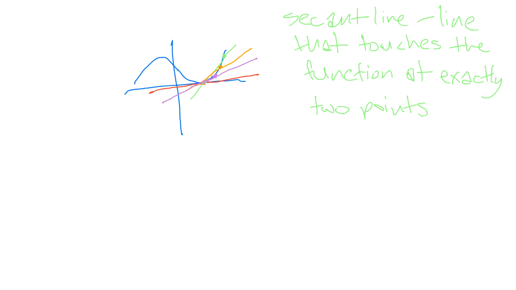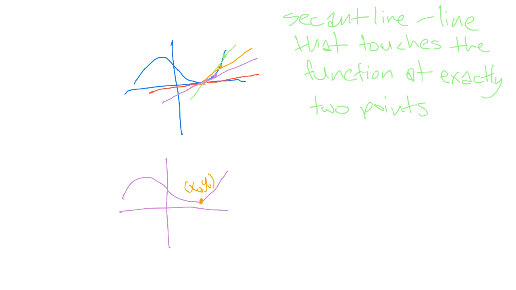So our formula for finding it is essentially our normal slope formula. Let me go ahead and draw a cleaner picture right here. Let's say that we have our point. Our point right here is going to be x naught, y naught.